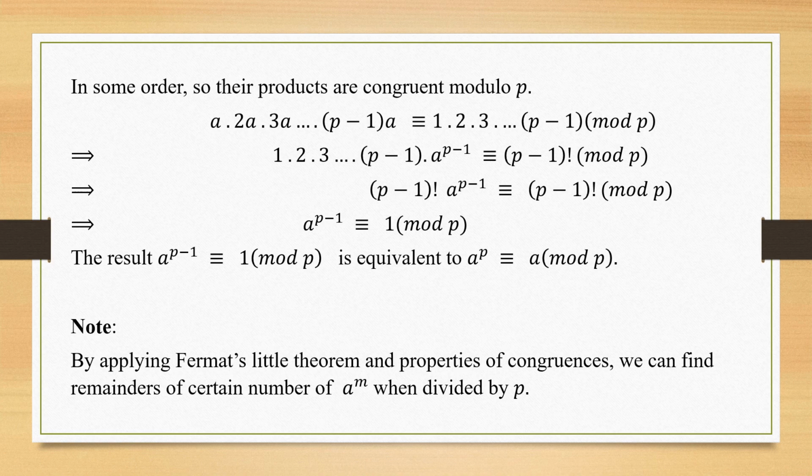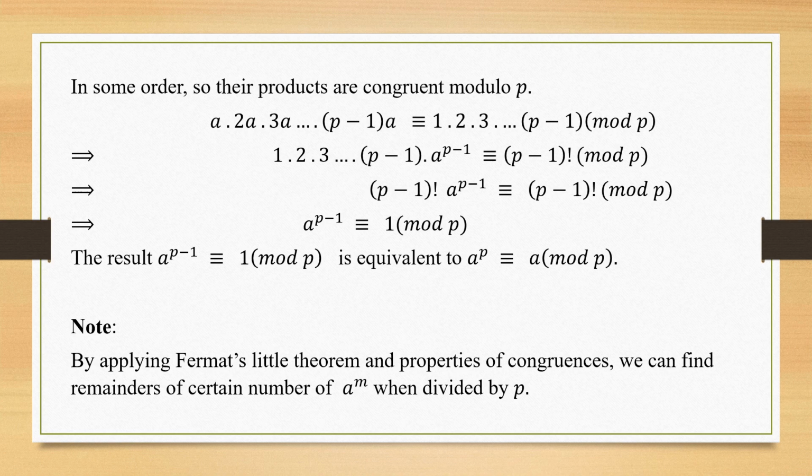What is happening in my left hand side? Observe, because a is common to all the factors, I'm just taking a as common. So how many times has a come? a raised to the power p minus 1 times it has come. Able to understand? For example, let me consider these two. Here this can be written as 1 into a, and 2 into a.